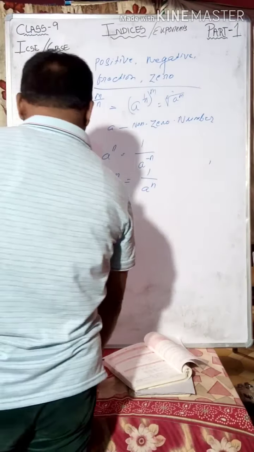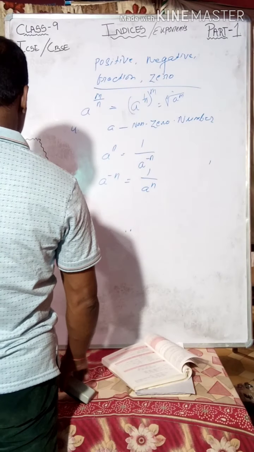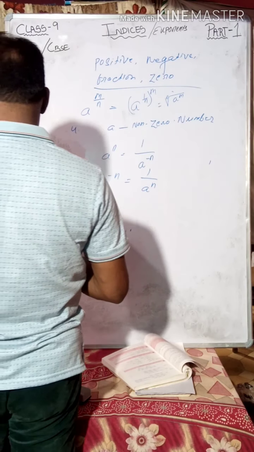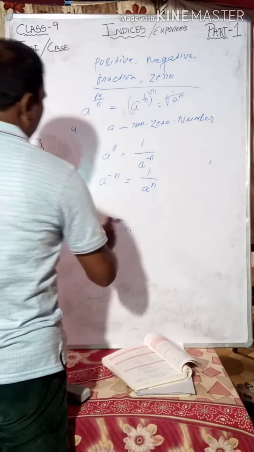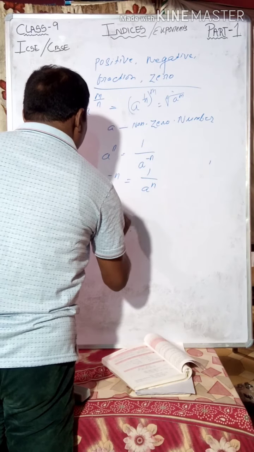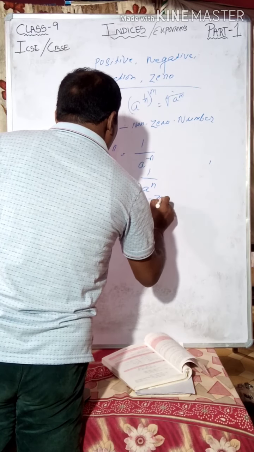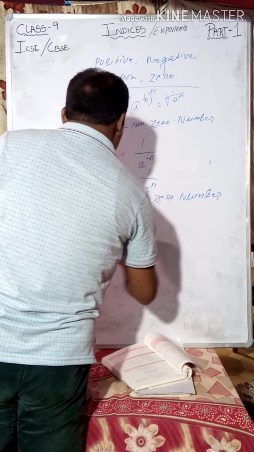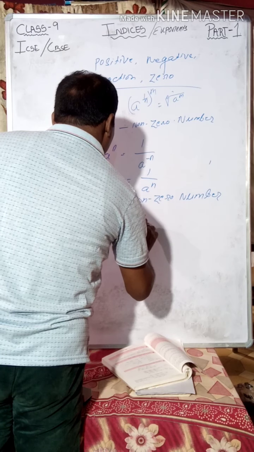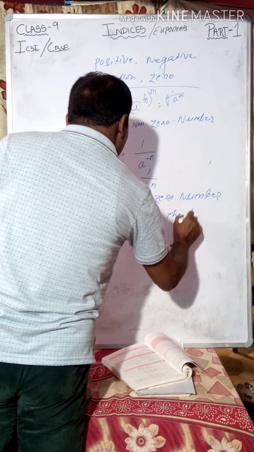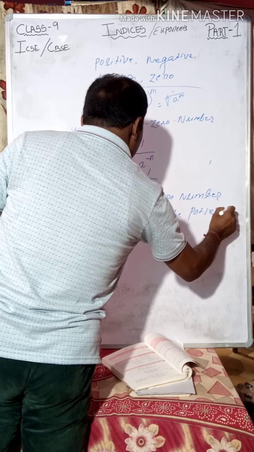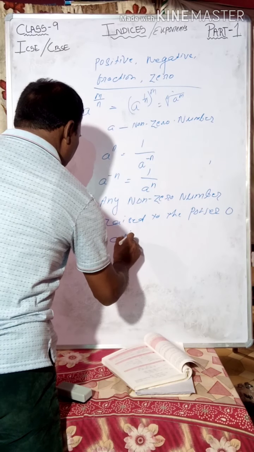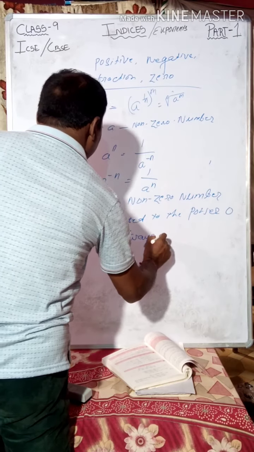Then next, number 5: any non-zero number raised to the power 0 is always 1.